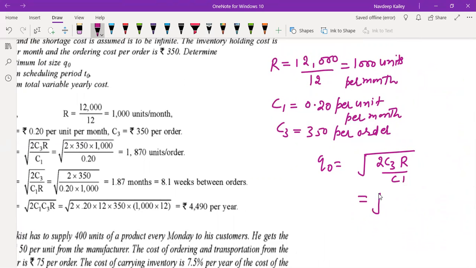That is, square root of 2, C3 is 350, capital R is 1000 units per month, upon C1, which is 0.20. After calculating, we will get 1870 units per order.